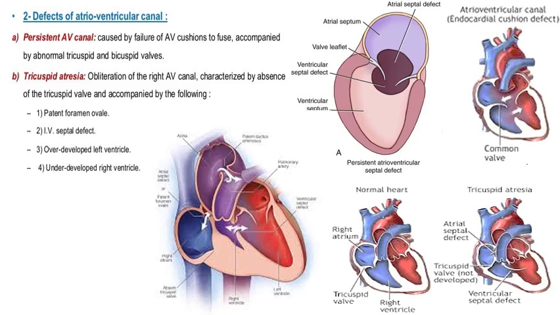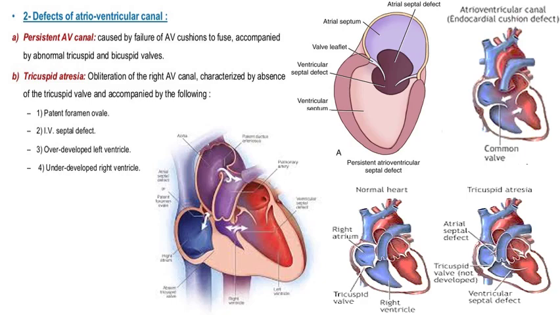So there is shunting of blood from left to right initially, and then after some time, after the blood received from the superior and inferior vena cavas, there is a right to left shunt. Initially, because of the oxygenated blood received in the left atrium, the pressure here is more than the right.